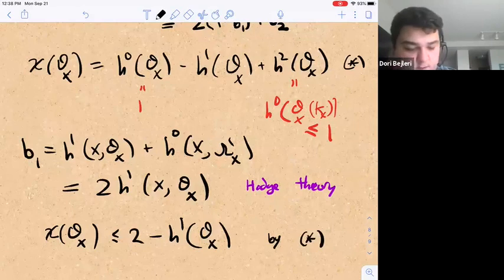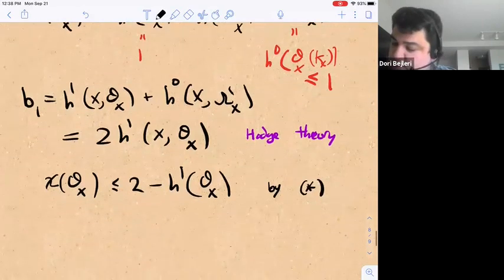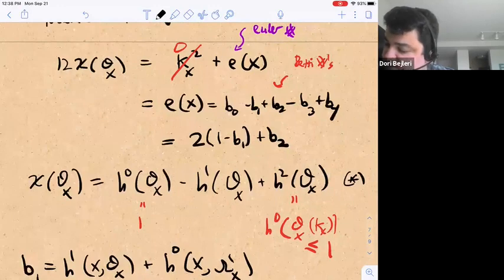And then we can plug into this Noether's formula.